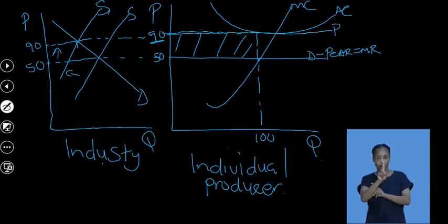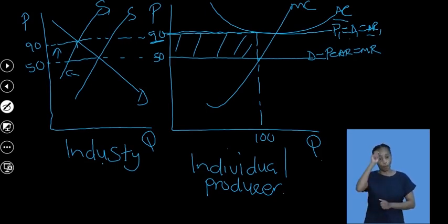So this becomes P1 equals D1 equals AR1. As you can see, boys and girls, our AC and our AR are now equal. So what does it mean? It means that the perfect competitor is now experiencing normal profit.